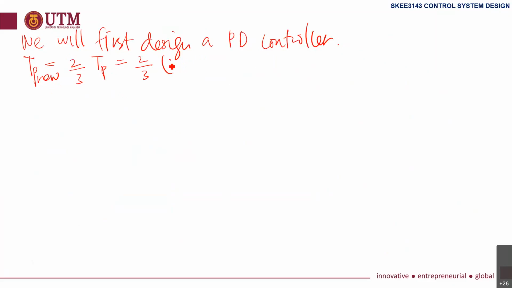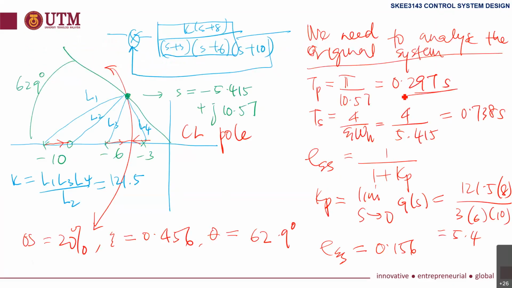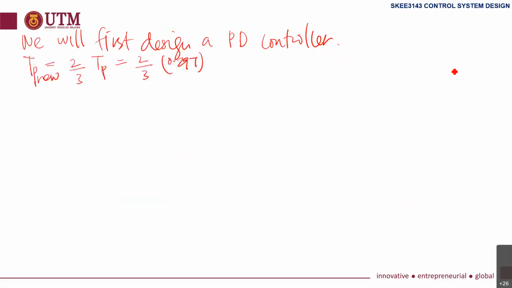2/3 of 0.297, the original peak time, is 0.198 seconds. This is what we want. We want the system to operate with a new TP of 0.198 seconds.